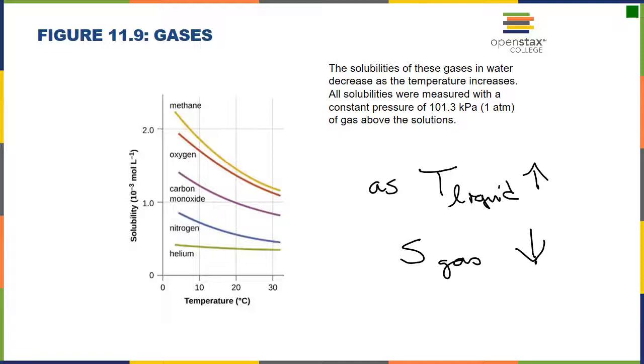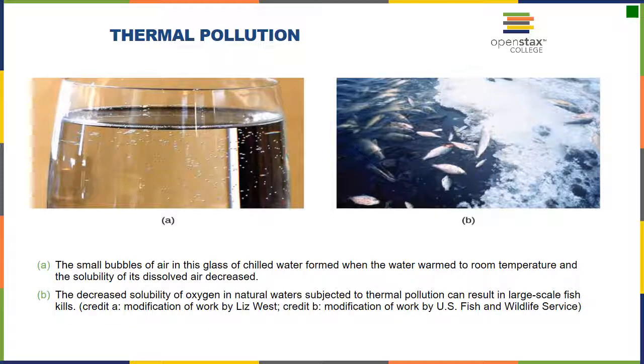We know this, for example, because if we have oxygen in water and we want our poor little fish to breathe, we cannot have this at high temperature. If we put this in really high temperature, all the oxygen will bubble out and our poor little fish will die. There is actually a name for this process, and it is thermal pollution.